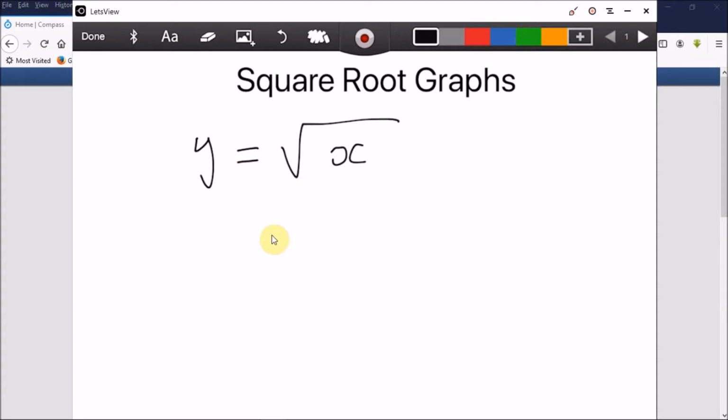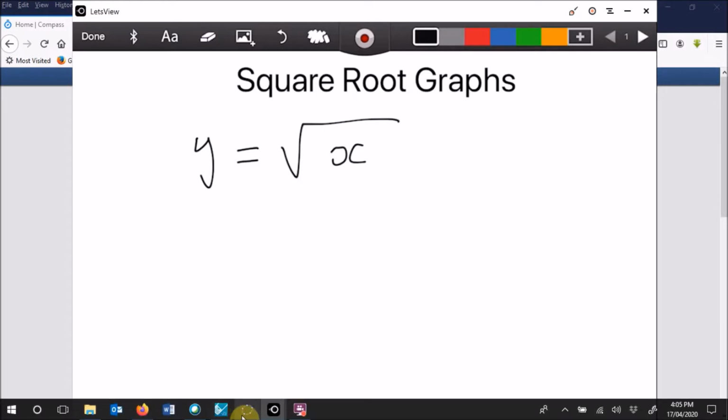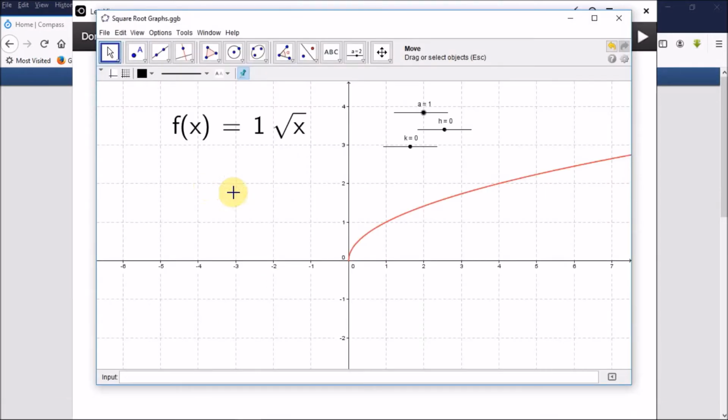square root graph. So when we have a look at our square root graph there, you can see there, again, this f(x) is called function notation, we'll get to that, but it's y equals, and we'll get to what this one does here.